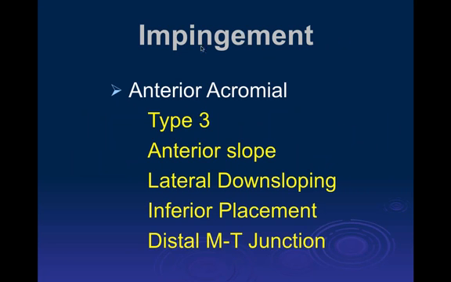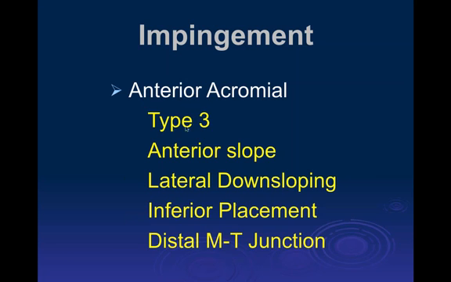To evaluate the anatomic risk for impingement, and again, that's what we're talking about here, is bony impingement, where there's not adequate space along the course of the rotator cuff tendons for normal function without traumatic irritation of the tendon from the bones. One type is a type 3 acromion.